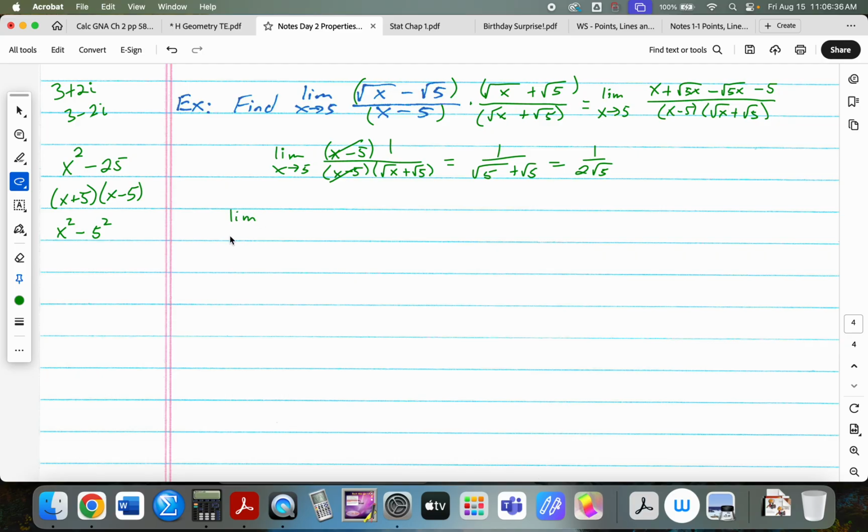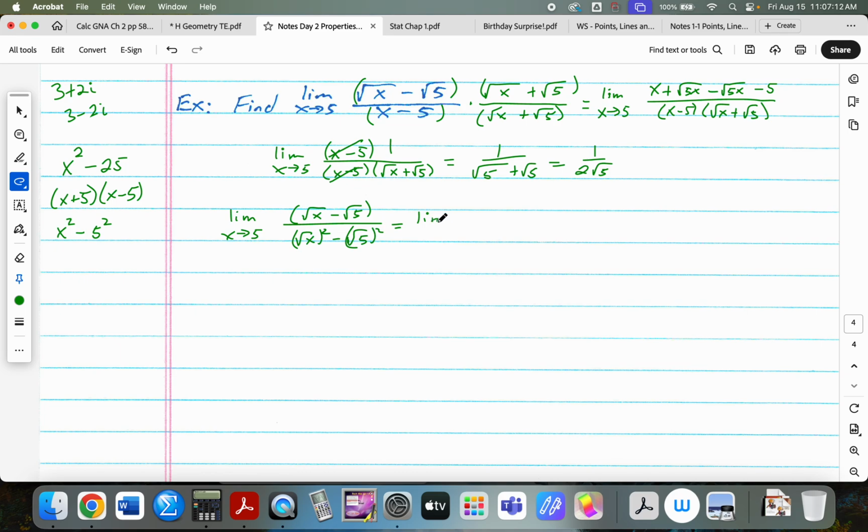We're going to have the limit as x approaches 5 of, my numerator I'm going to leave alone, square root of x minus the square root of 5. Would you agree that my denominator is the square root of x squared minus the square root of 5 squared? It's kind of weird to think about that, though, isn't it? It's not the normal way you think about factoring things, but it is.